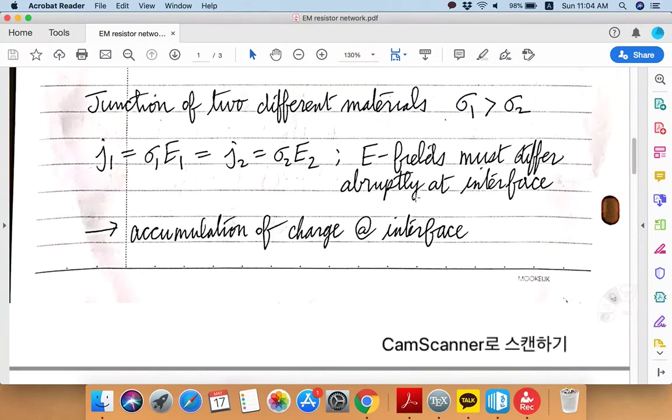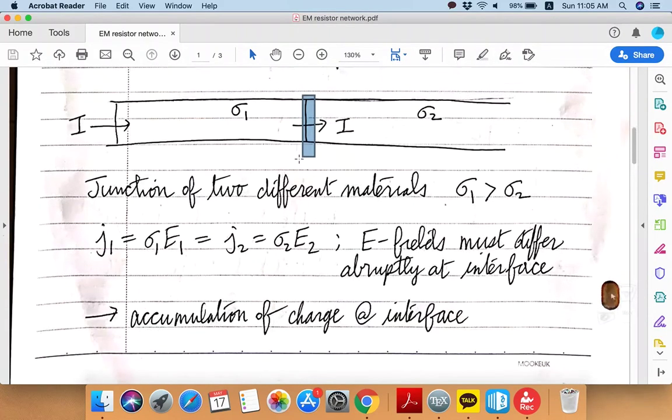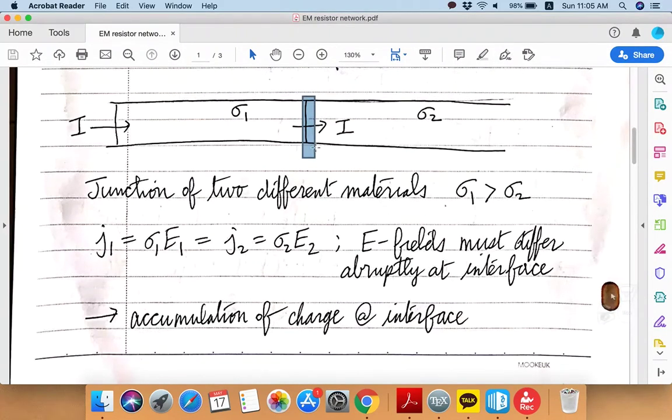So when that happens, it's entirely possible to have some accumulation of charge even inside the conductor. And this is a simple setup which reveals such a situation.